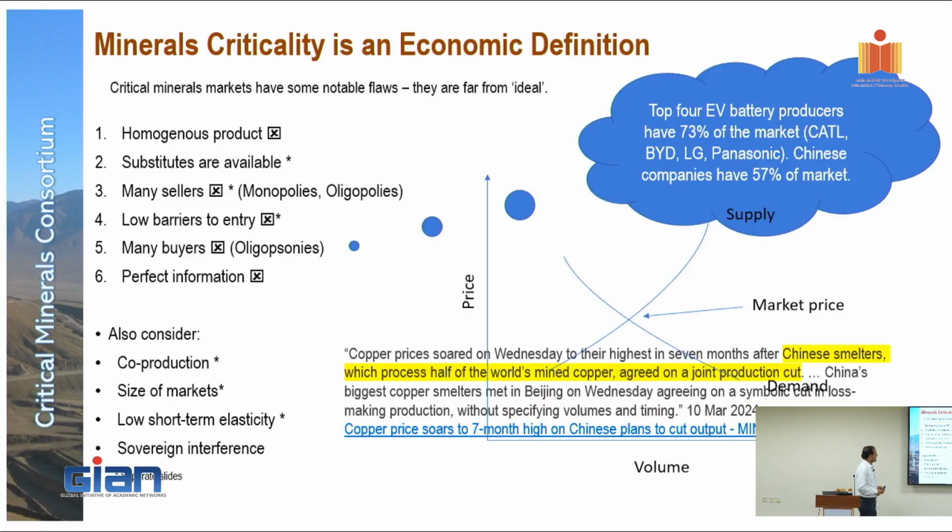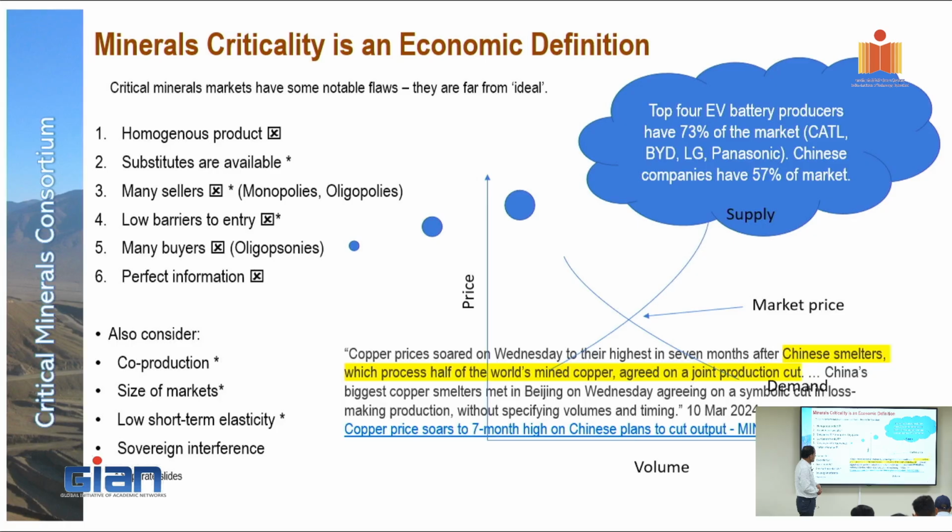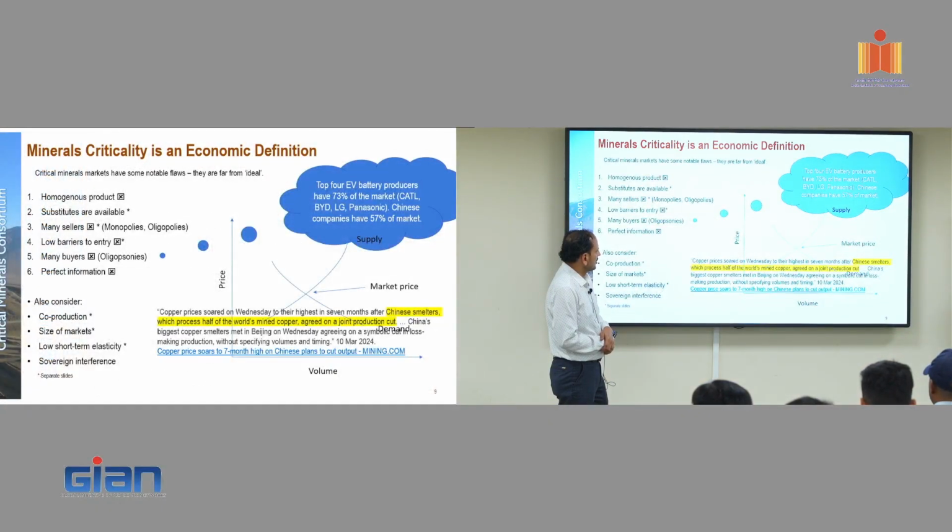Then, copper prices soared on Wednesday to their highest in 7 months after Chinese smelters, which process half of the world's mined copper, agreed on a joint production cut. China's biggest copper smelters met in Beijing.